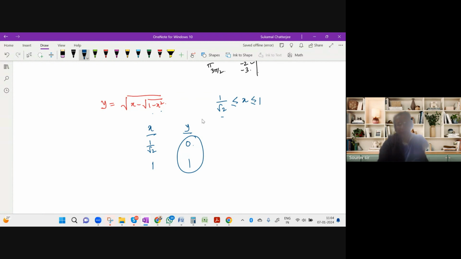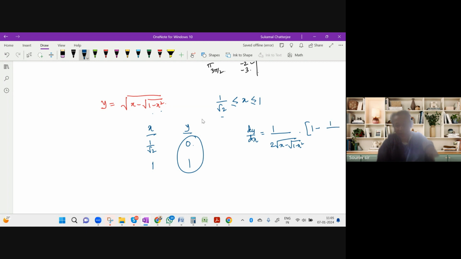You can actually do one thing. You can do it like this. So you can do dy dx equals 1 by 2 root over of x minus root over of 1 minus x square, into derivative of this one, which is 1 minus derivative of this.